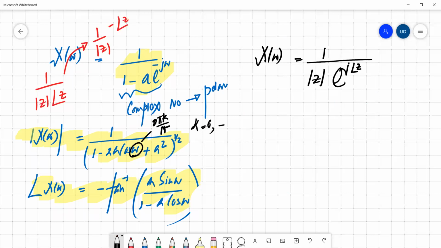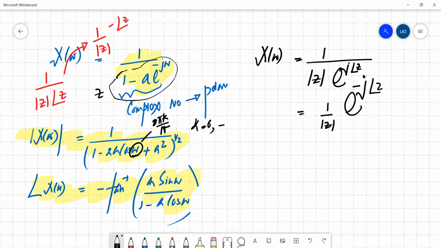This is the polar version of this z. Then we can simplify it like this, and we can bring this e to the power term to the numerator by adding this minus sign.